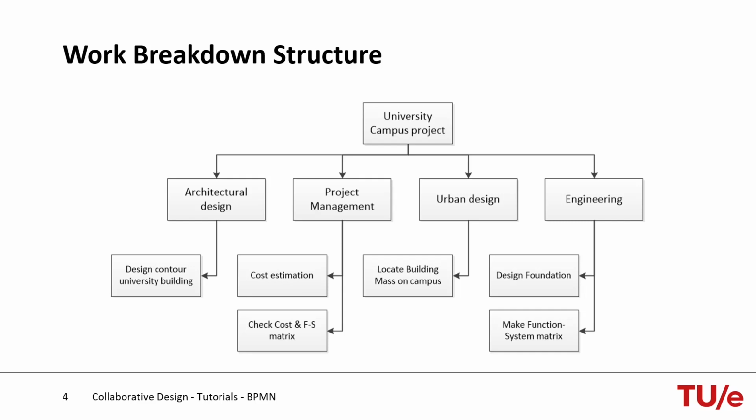These parts are again broken down in sub-parts. For architectural design, design the contours of the university building. For project management, a cost estimation and check of the cost and the function system matrix. For the urban design, locate the building mass on the campus. And for engineering, design the foundation and make the function system matrix.